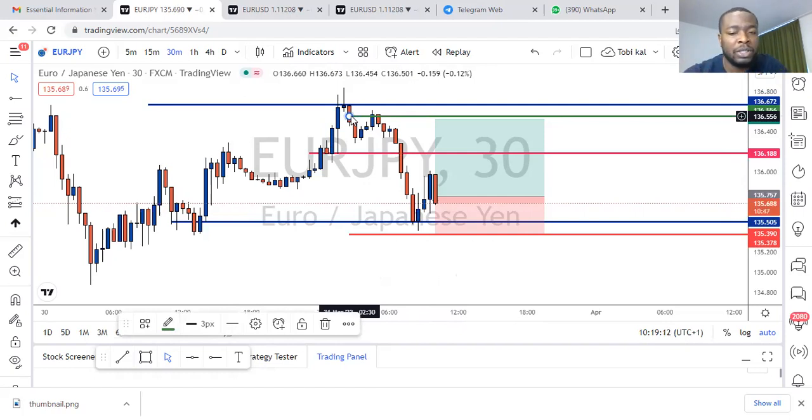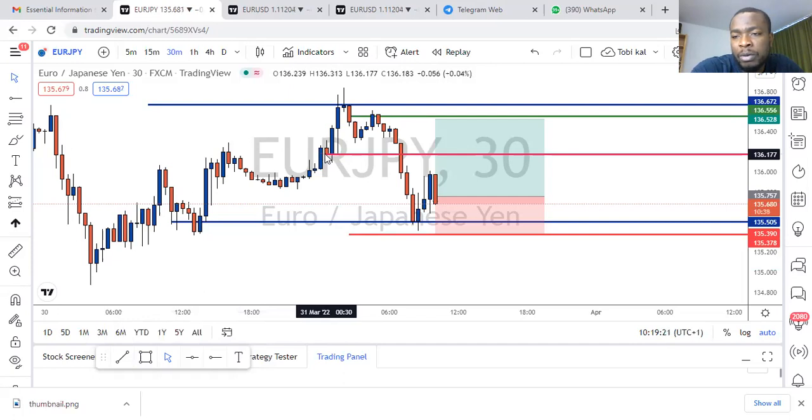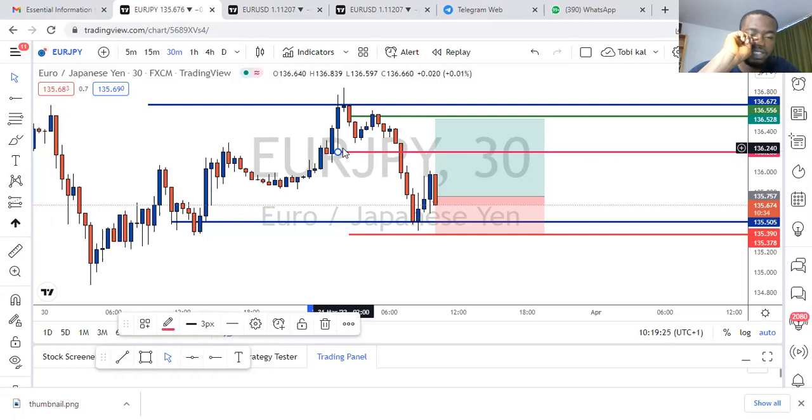So that's why I won't be using 136,200 for my take profit. It won't be the best for this trade. I don't know if you get that. Okay, good.